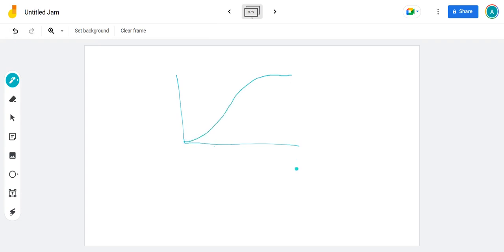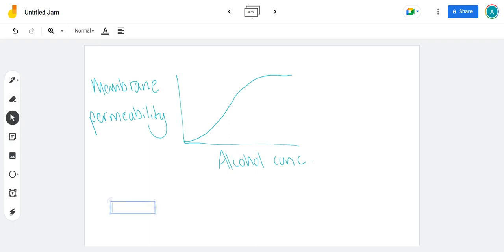On this axis this time we've got alcohol concentration, and on this side we've got the membrane permeability. So what's happening here is as you increase the alcohol concentration, the membrane permeability goes up again.